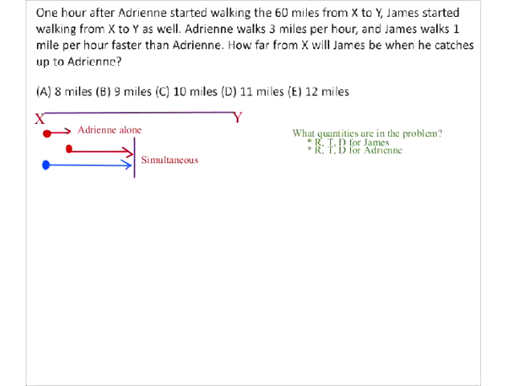So you can make a table. So let's do that. Rate, time, distance. Then James, then Adrian. And if you even need the table, which we'll talk about in a second, you should make it. If you come up with some alternative way to solve it, then good, but otherwise make the table.